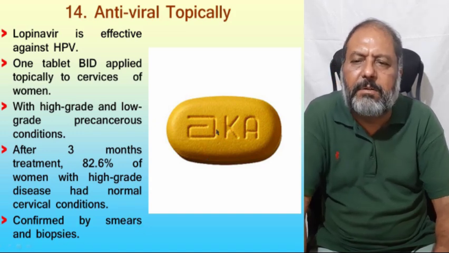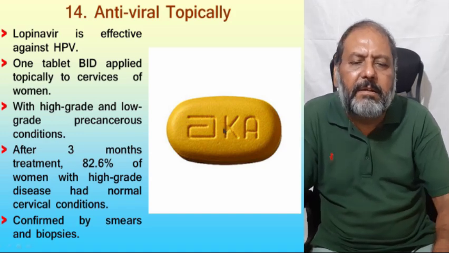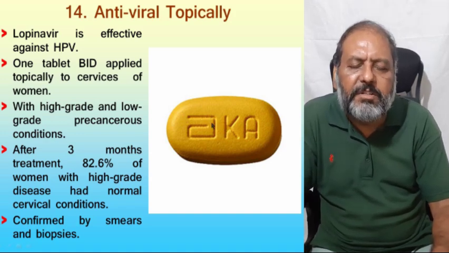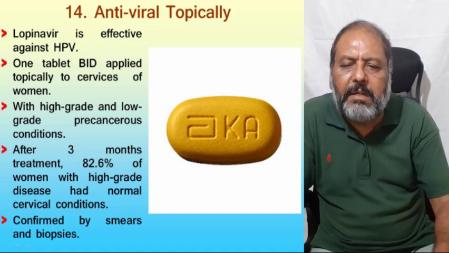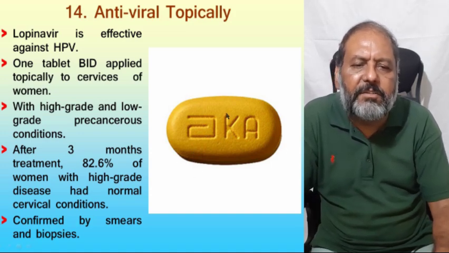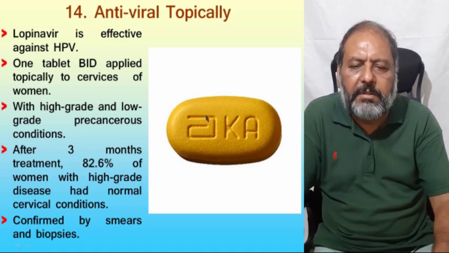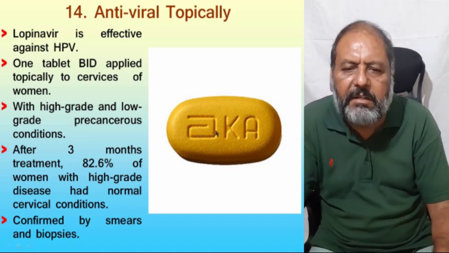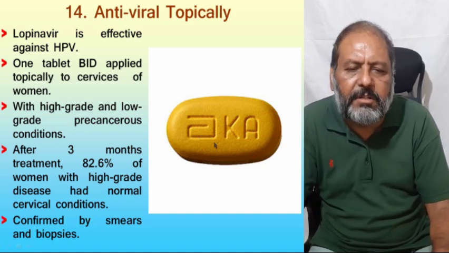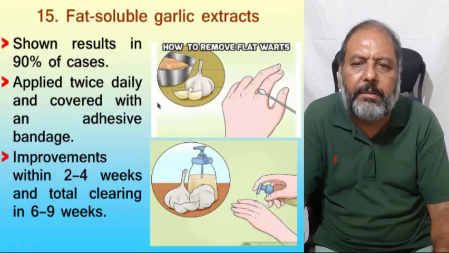So this tablet, lopinavir, is applied topically on the warts in the cervix for 3 months, and it is able to get rid of the cervical warts. This is very effective because these cervical warts are precancerous.